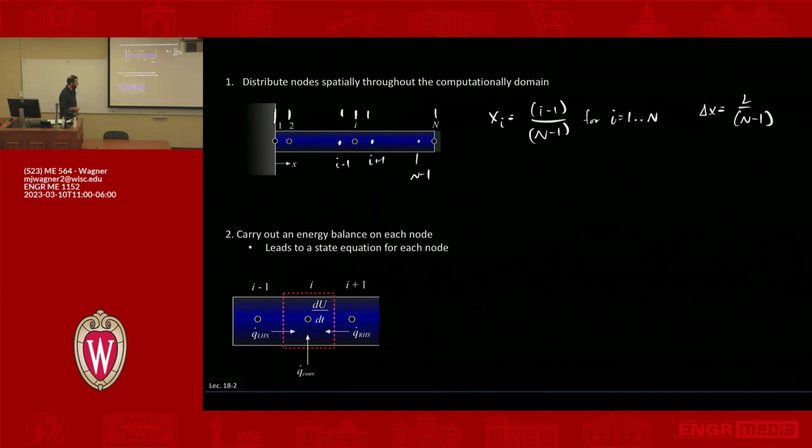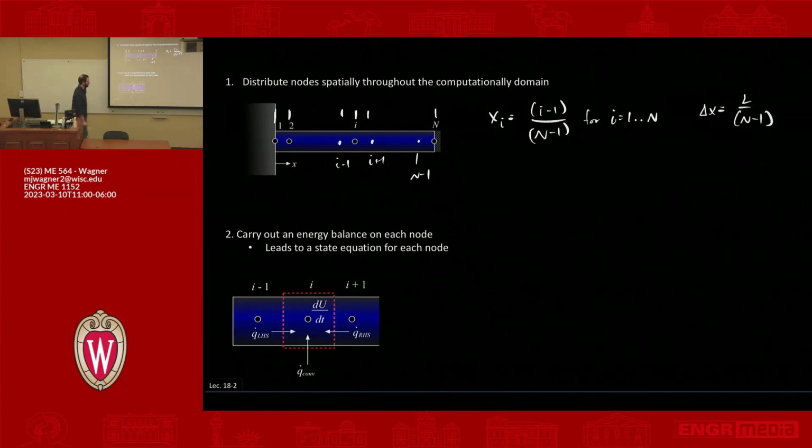So step 2, let's carry out an energy balance on each node. Let's look first at the node i. Again, trying to draw everything going in, just for consistency, we're going to have something from the left-hand side by conduction, something from the right-hand side by conduction, convection from the surroundings, and then we have this new part, right, the du/dt.